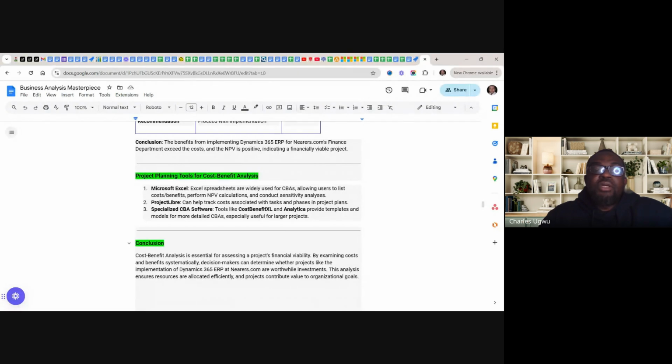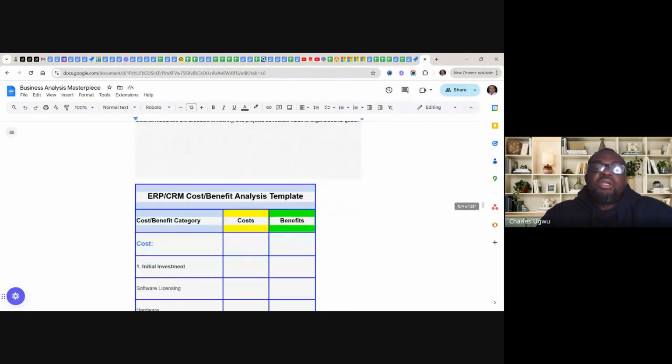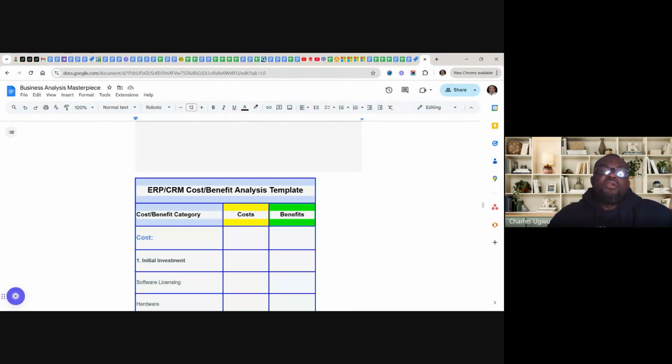You have software like Cost Benefit Excel or Analytica. So I don't use them. I use simple Excel to do my work. So this is the kind of template we have been using over the years for my cost benefit analysis.